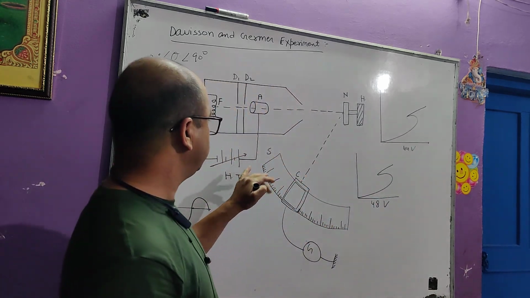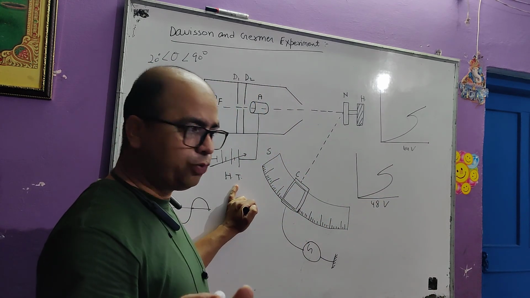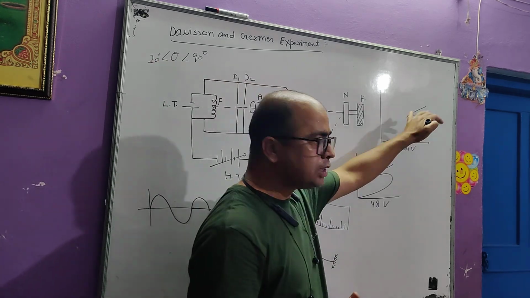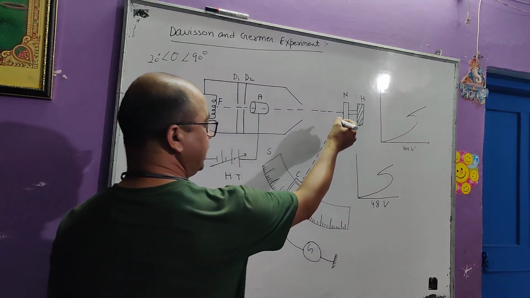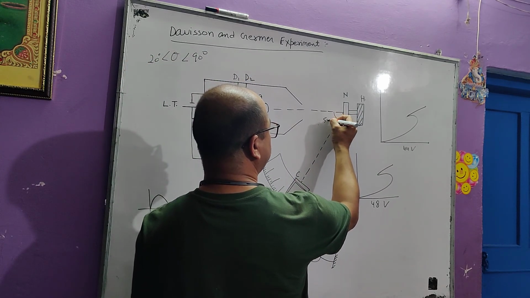When the applied potential of the high tension battery was 54 volt, the bump appears most prominent, and at an angle of 50 degree.